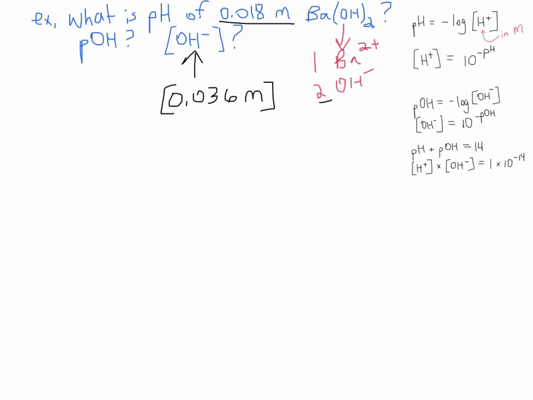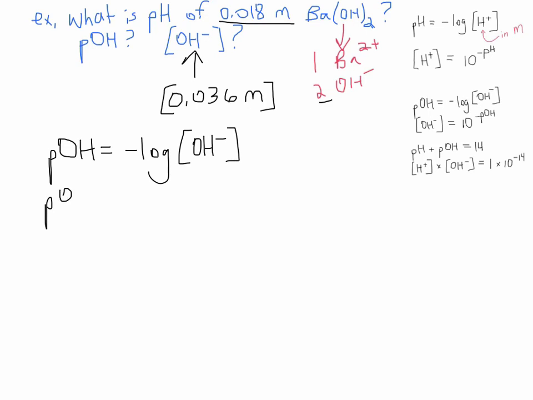Now, because we have the concentration of OH minus, we can go to our equations here on the right and see that with the concentration of OH minus, we can find the pOH. So pOH is equal to the negative log of the concentration of OH minus.